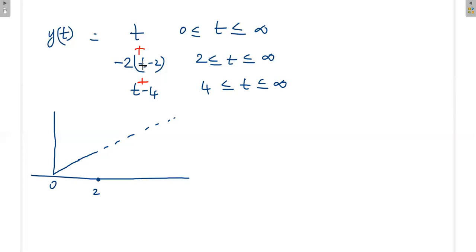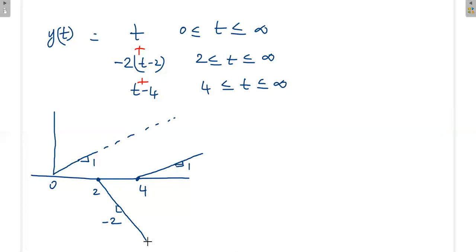What is the nature of this one? The first one has a slope of 1. The second function starts from here, but it will have a slope of minus 2. The third function is starting at 4 with a positive slope value of 1.